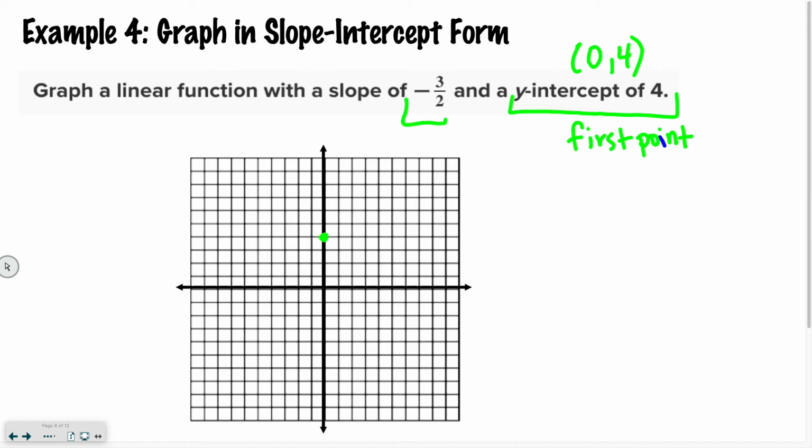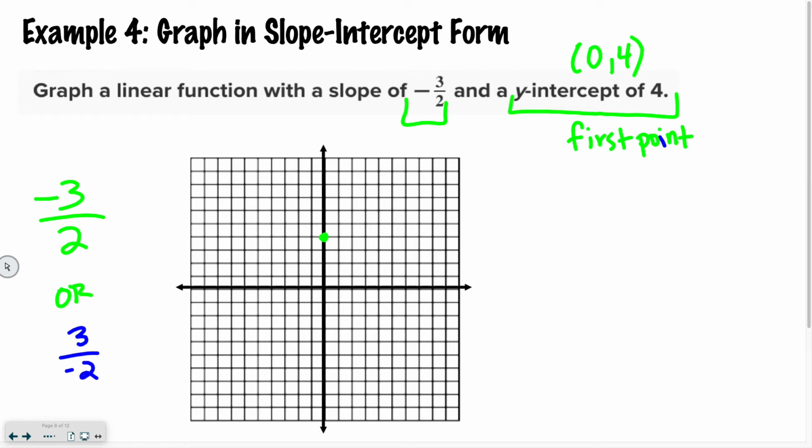Then you're going to use the slope in order to get your next point. So if I have negative 3/2, I have a couple of options. I can either say negative 3 over 2, or I can say 3 over negative 2. So I'm going to show you both ways. I'll use two different colors to help you figure out which one was which, okay?